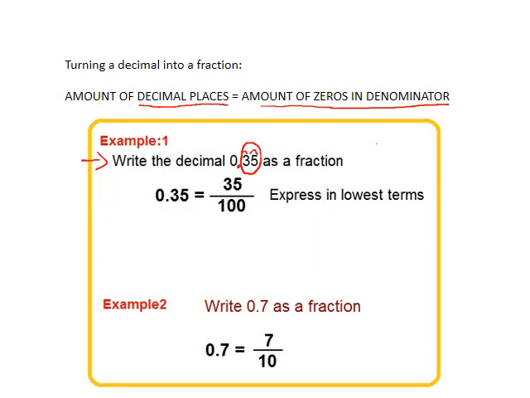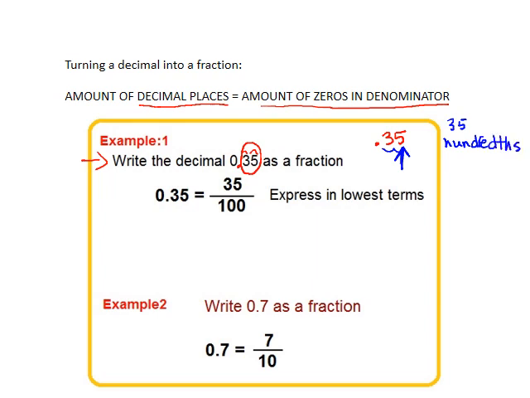So altogether, a number like 0.35, because it's showing two decimal places, the tenths and the hundredths, we always name decimals by the last decimal place that is showing. So we would say this is 35 hundredths.